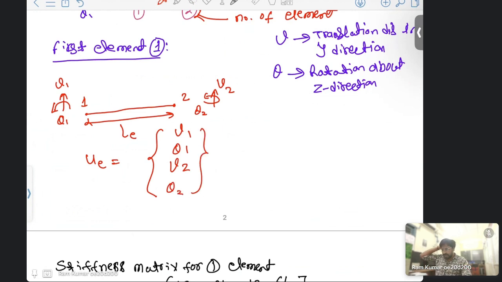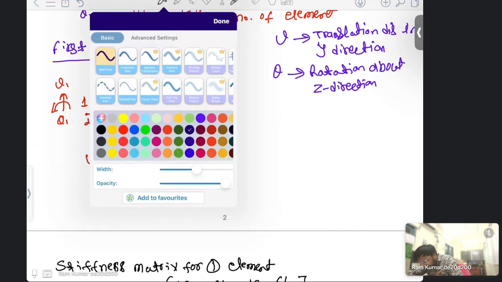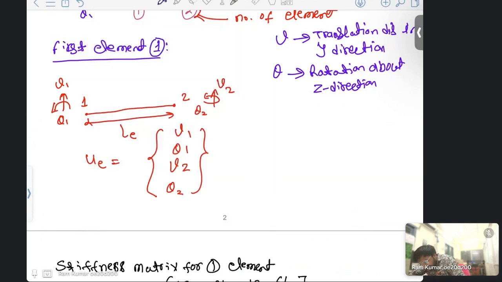Similarly, if each node has 2 loads, for example, M2, F2, then similarly M1, F1. So how will we write the force vector for the element?